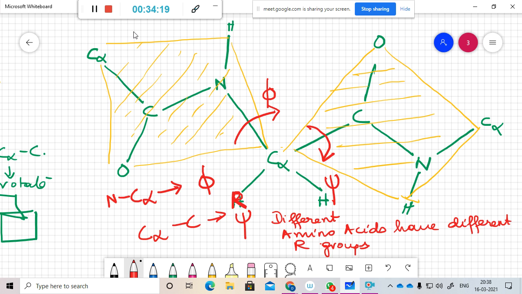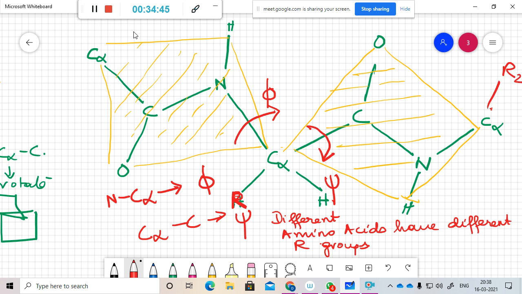On the basis of this R group, say this is attached to another R group over here, CONH. This is attached to say another R group.